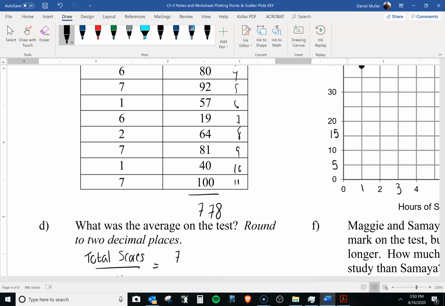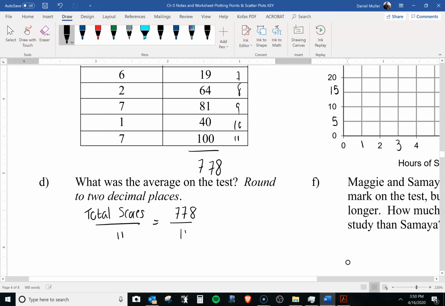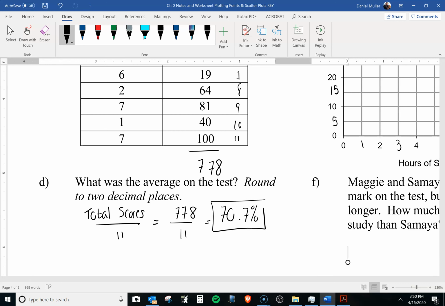If we take the 778 and divide that by 11, we end up getting 70.72, so 70.7%. Oh, it says 2 decimal places, not 1. So it's 70.7272, and it keeps going like that. If we want the second decimal place, look to the digit after it. It's 5 or above, so we round this up, not a 2, but a 3.